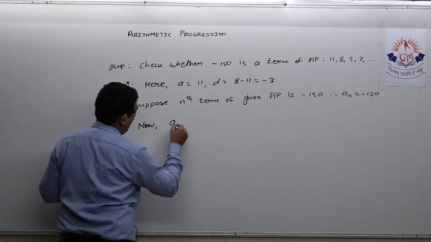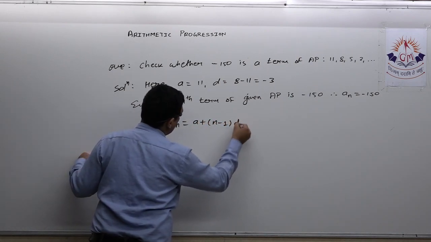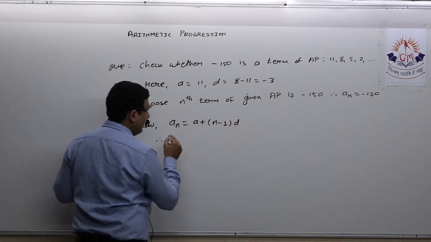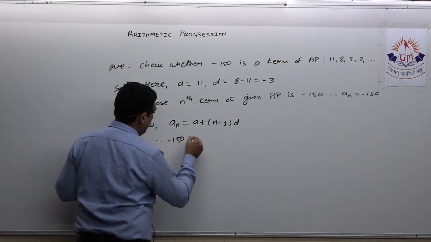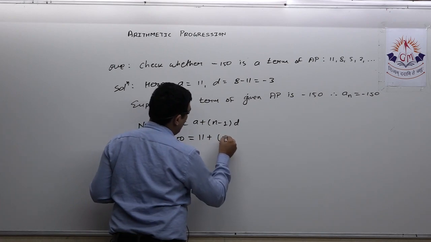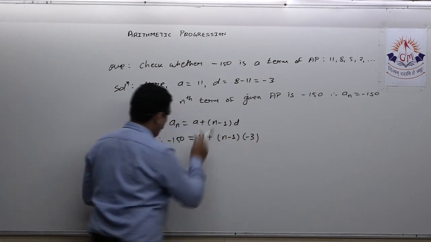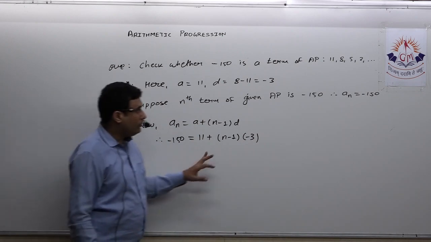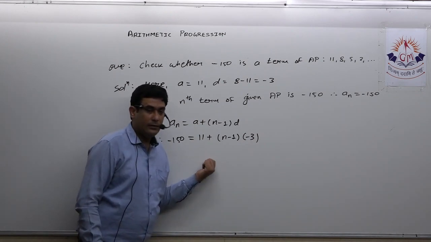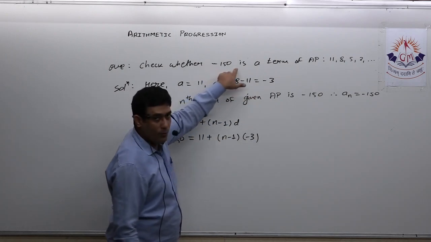Now an is equal to a plus n minus 1 into d. Now by keeping the values here, minus 150 is equal to 11 plus n minus 1 at the place of d, minus 3. Now when I solve this, how do I confirm whether minus 150 belongs to the AP or not?